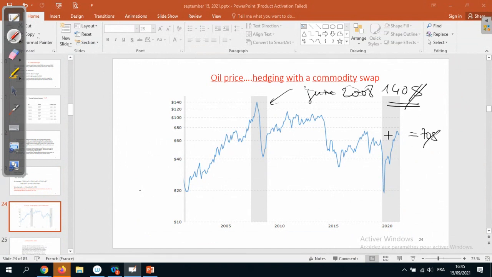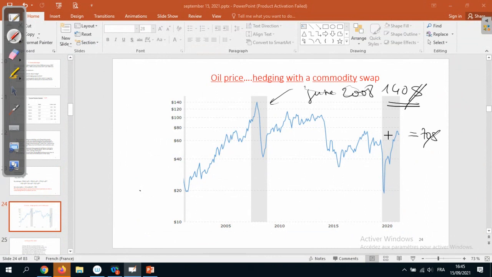And at this time, and my story is true, the airline company Air France was in big trouble because they said if the oil price moves up again, we are dead. We make default. We cannot pay the energy at this price during a long time.